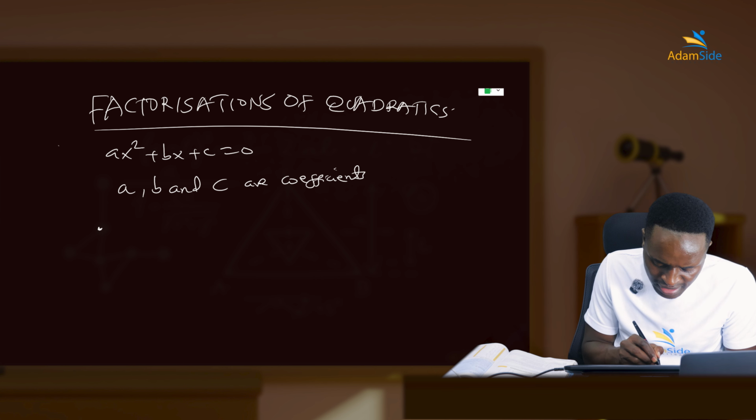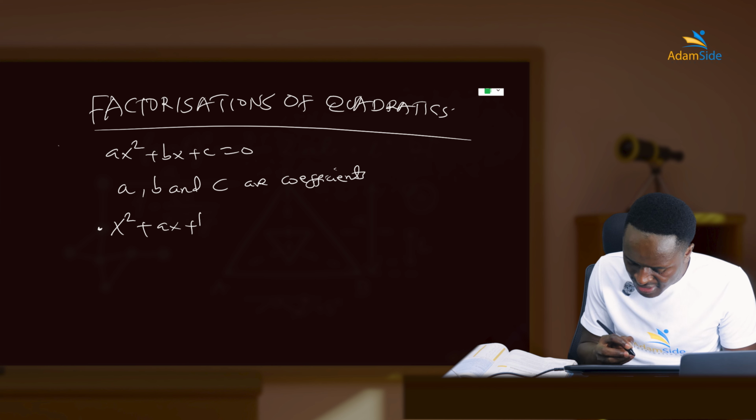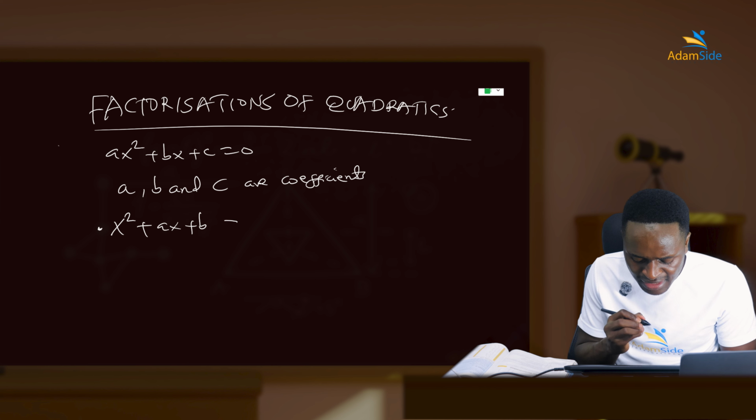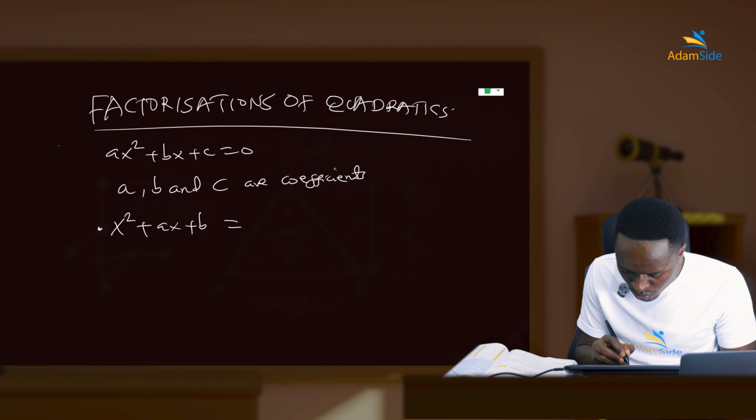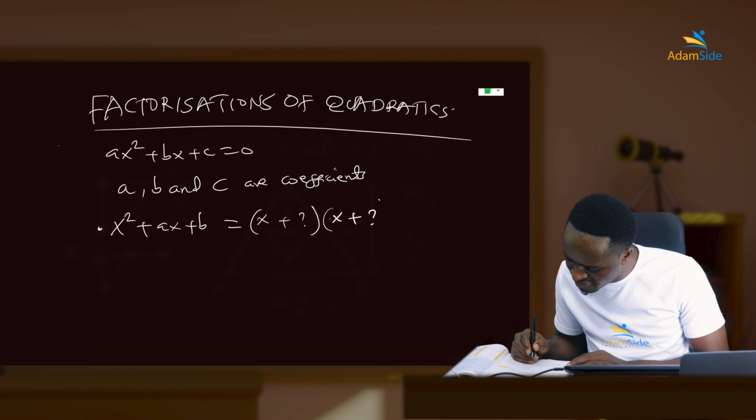So for x squared, we have that form, x squared plus ax plus b. If the second sign is positive, the unknown will be x plus something, times x plus something, since everything is positive.